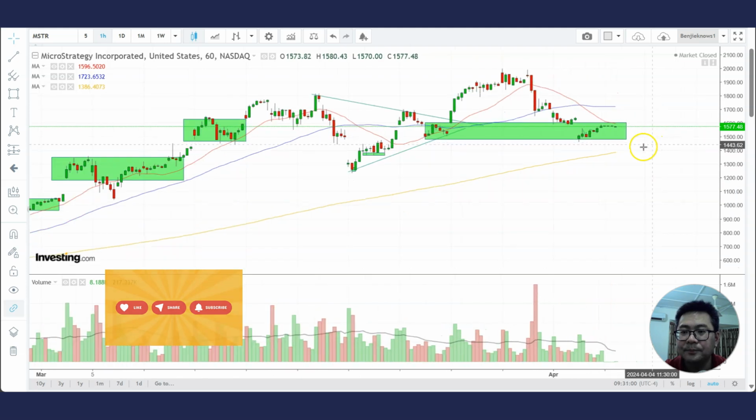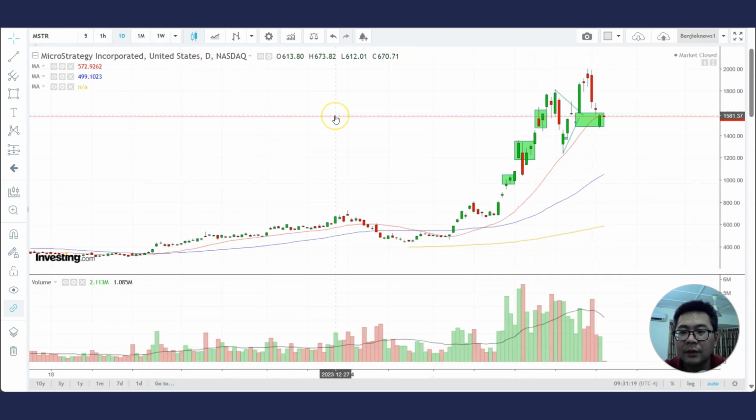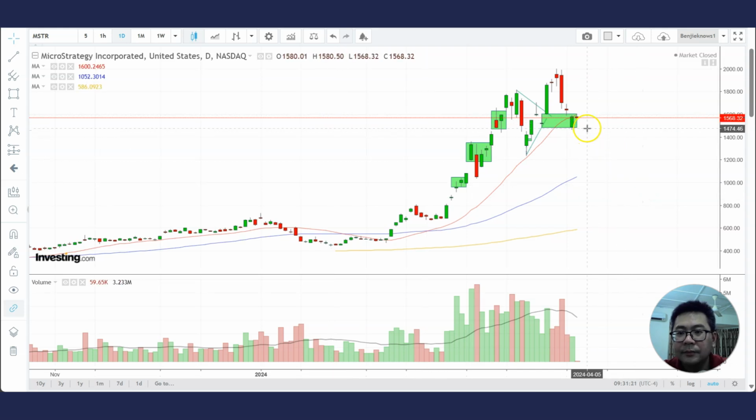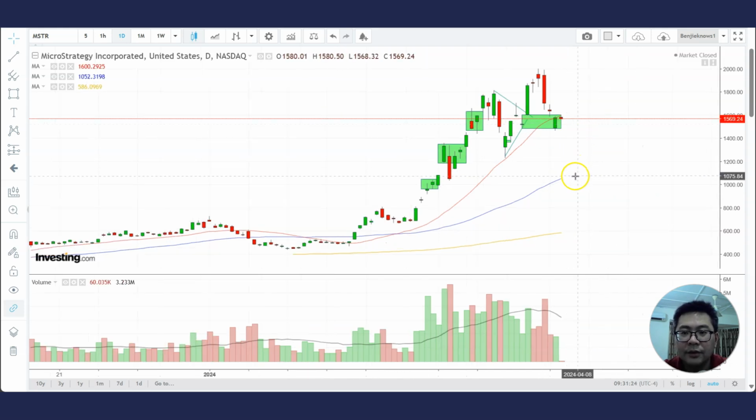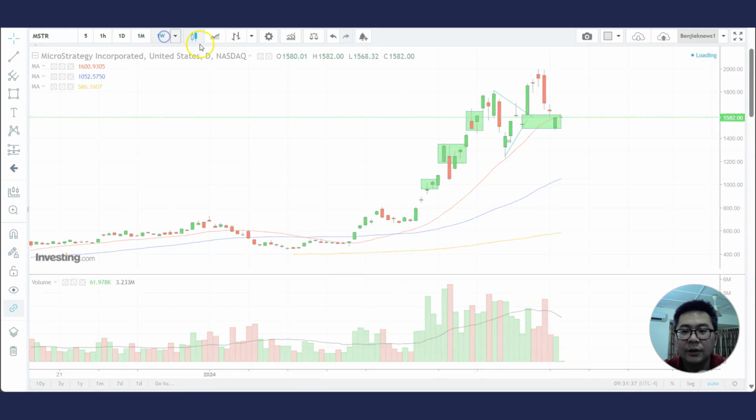Okay, so right now it's still below the 60-minute 20 MA, and I wouldn't trade this stock until it goes back above the 60-minute 20 MA. So the stock is still above the rising 50 MA and 200 MA, then this points to us that we should still consider this stock to be an uptrend, to be mid-term bullish and long-term bullish.